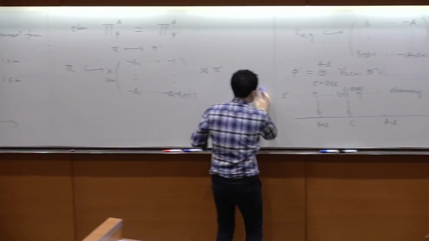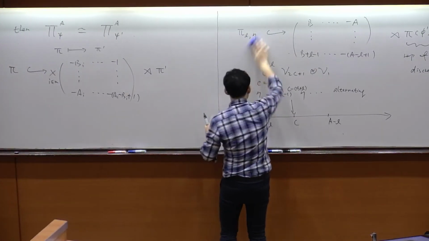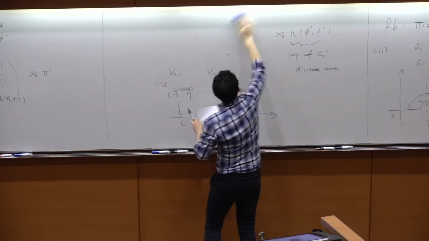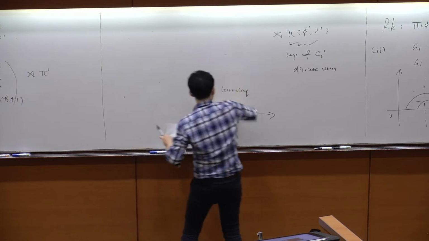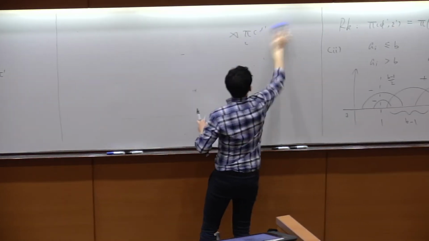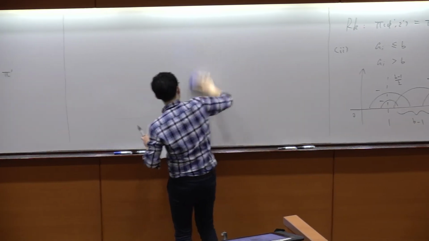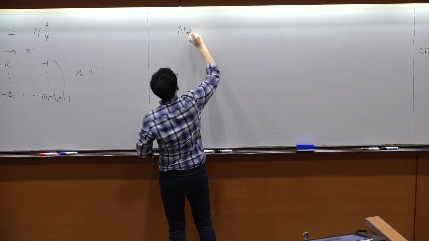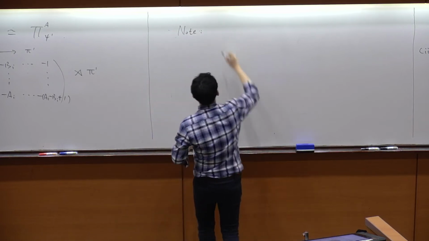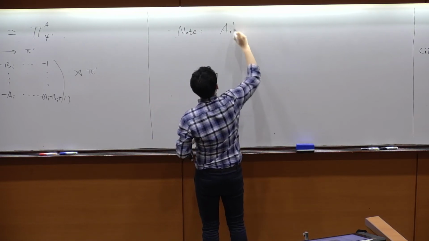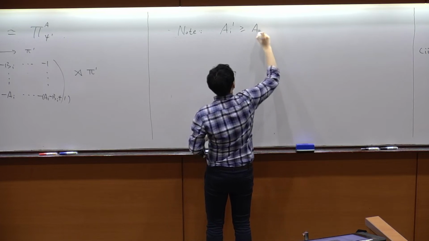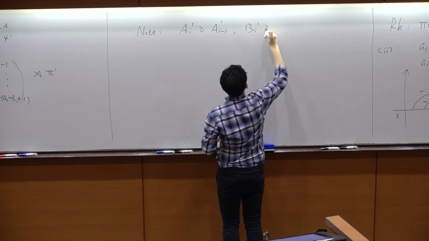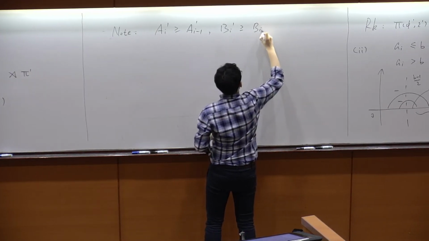And finally, we still need to determine this pi prime. So let's just look at the corresponding A parameter again. And you will notice that for this new parameter psi prime, it has a property that all these A_I prime are bigger than or equal to A_(I-1) prime, and B_I prime is bigger than or equal to B_(I-1) prime.